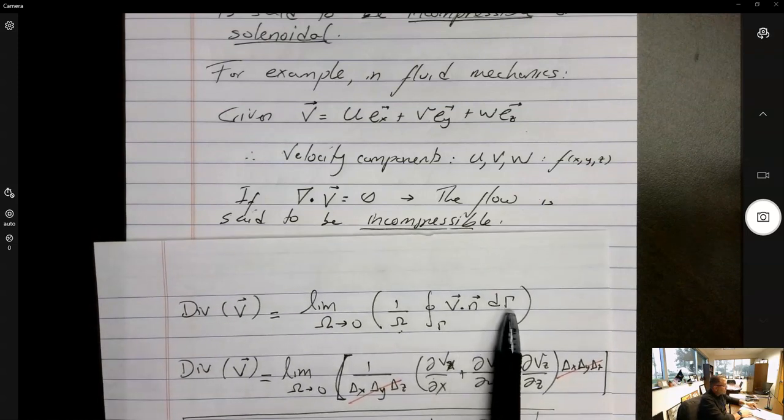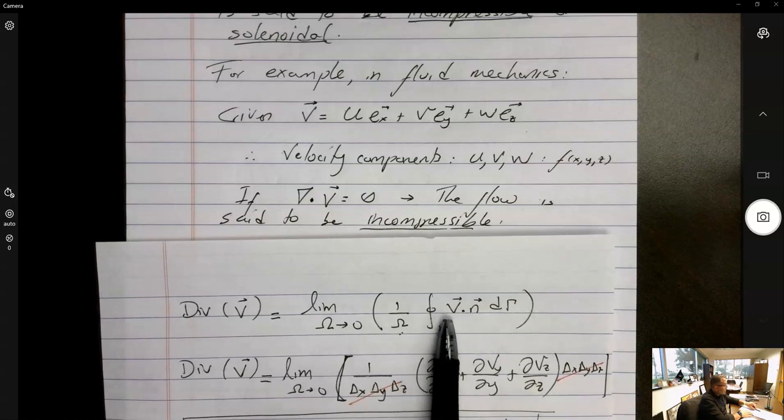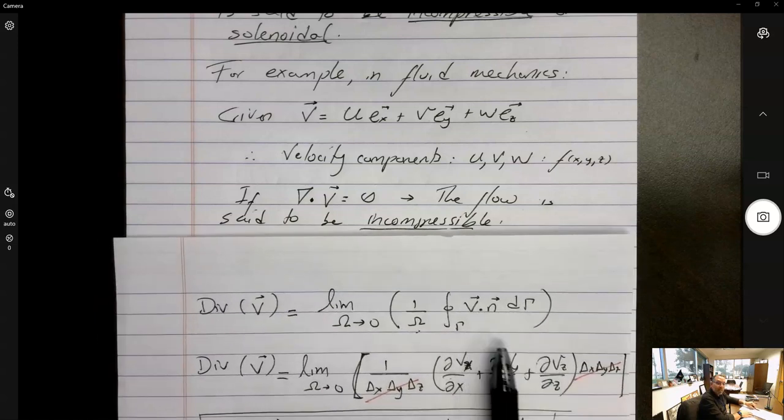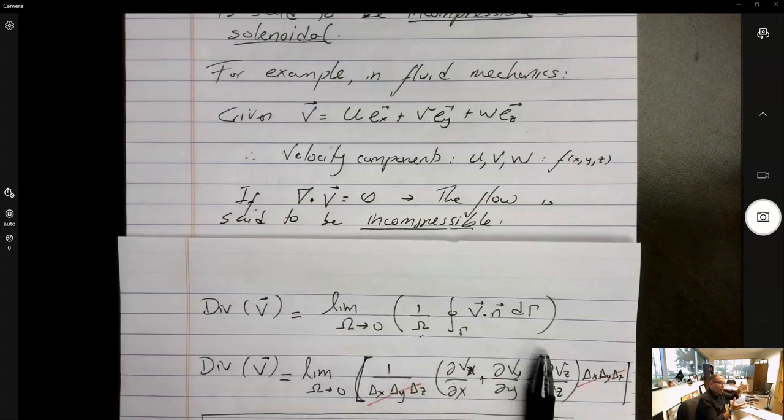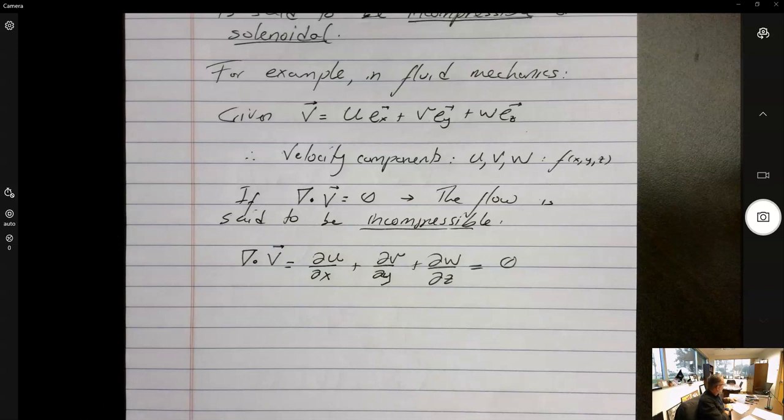Velocity times area is volumetric flow rate. By integrating it over an entire region, you're basically quantifying the amount that goes in and the amount that goes out instantaneously. If the amount that goes in is equal to the amount that goes out, there's no way for the flow to distend or compress, and the flow then is said to be incompressible. So when the divergence is equal to 0, the flow field is incompressible.